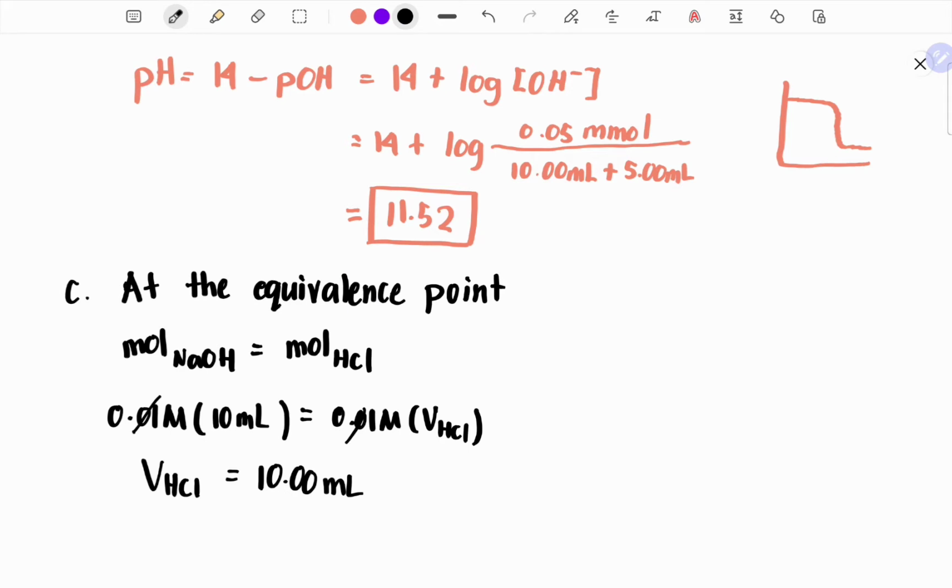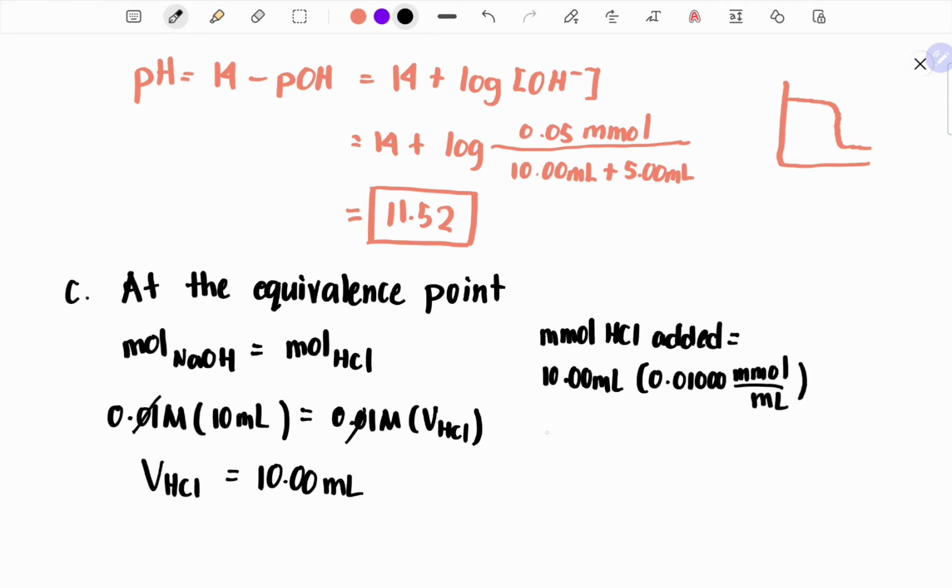So at 10 ml, the millimole of HCl added is 10 ml times 0.01 molar or millimole per ml, which is, surprise, surprise, 0.1 millimole, which is also the millimole of sodium hydroxide initially.